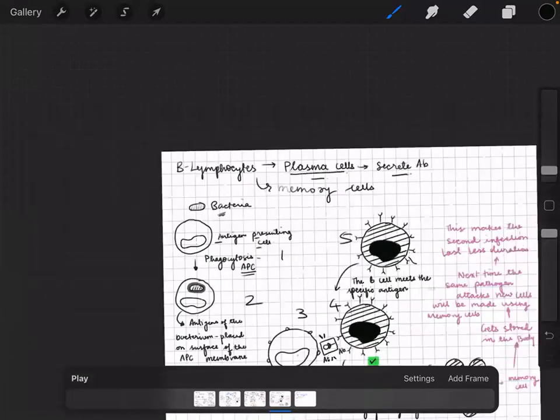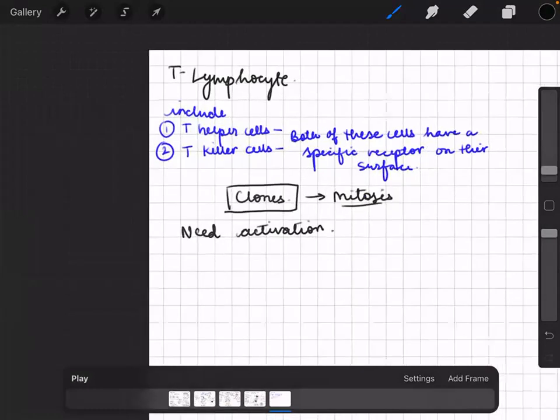So your T lymphocyte will first get activated itself. Then it will release cytokines. These cytokines will reach, so I'm going to write it in very easy language over here.